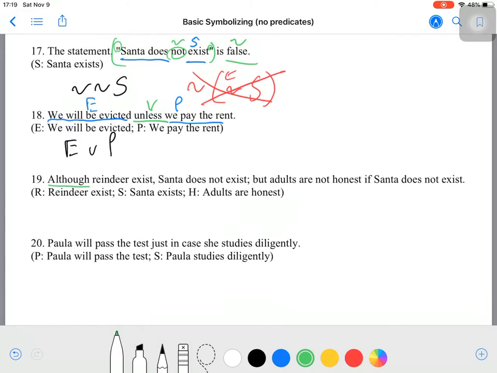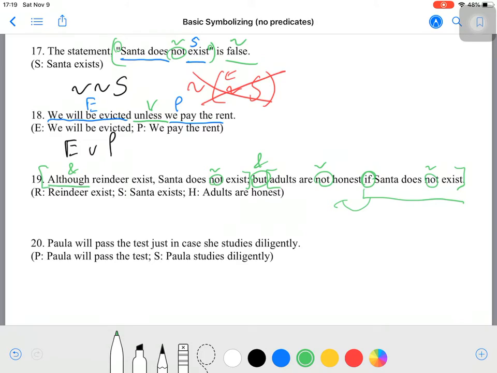19 is a little bit weird. So "although" implies we're going to have an and somewhere, but "also" is an and. We have a not here, not there, not there, and we have an if statement there. But notice that the if statement is coming after the consequent.